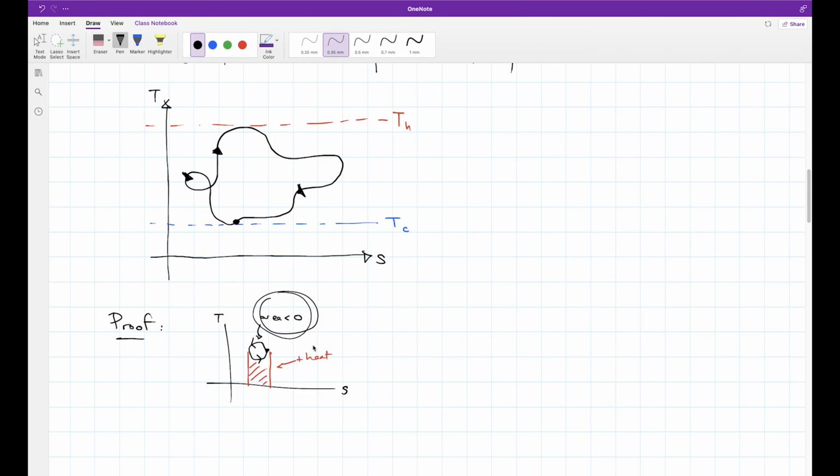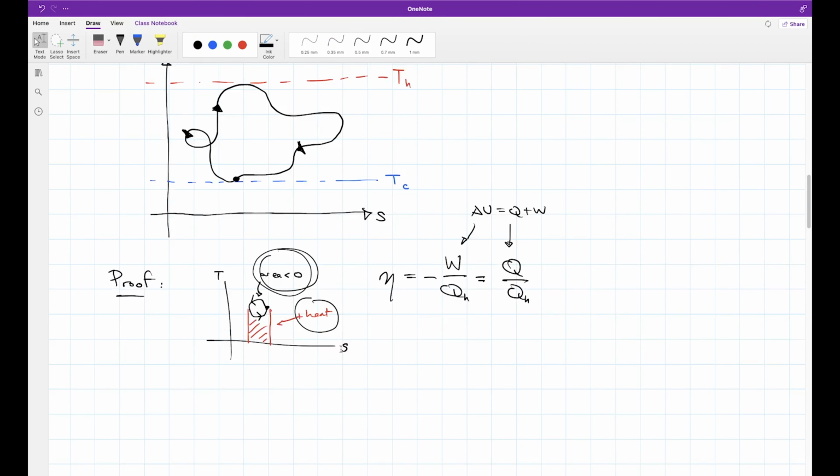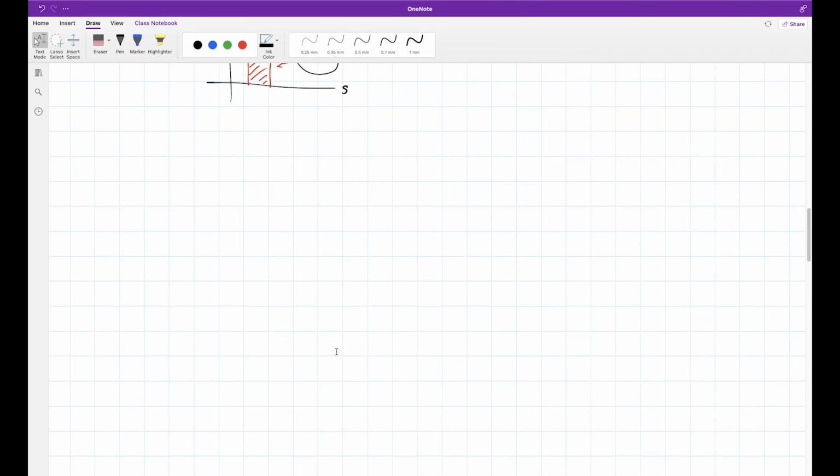So since the efficiency is equal to W over QH or Qin, which is then equal to Q over QH, since Q and W are negatives of each other by the first law, anytime we're contributing a net negative heat, but a net positive heat in, we're necessarily lowering our efficiency.